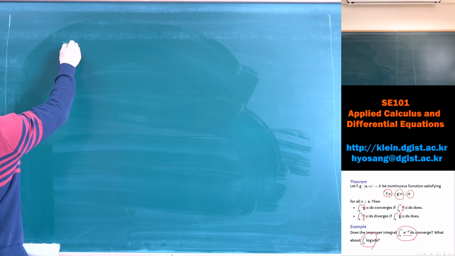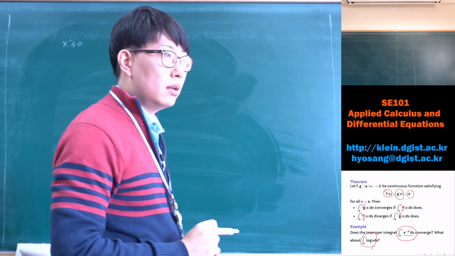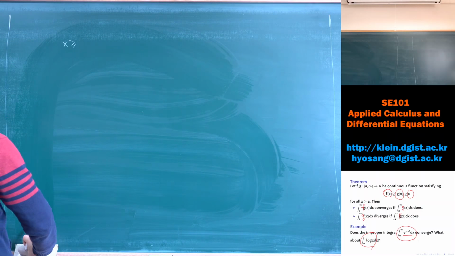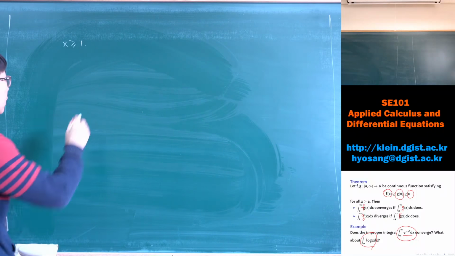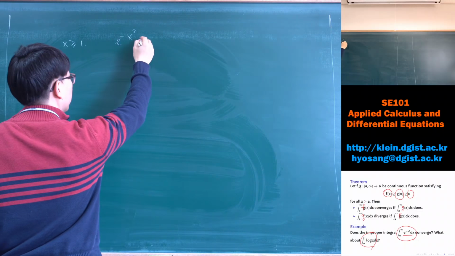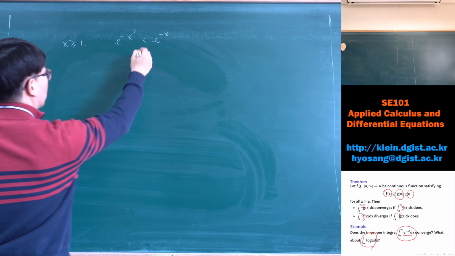So let's look at x bigger than 1, okay? Then we have e to the negative x squared always less than or equal to e to the negative x, right?